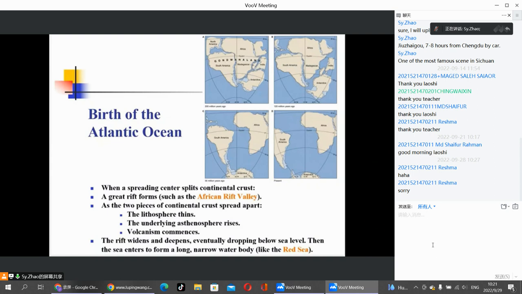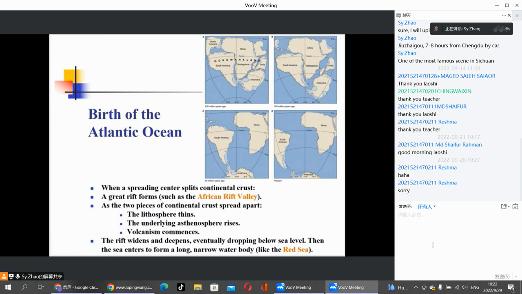Here I use the birth of the Atlantic Ocean to show such a process. The Atlantic Ocean, currently the ocean with the slowest production of new crust, is spreading at 2 centimeters per year, measured as the total separation of both plates.